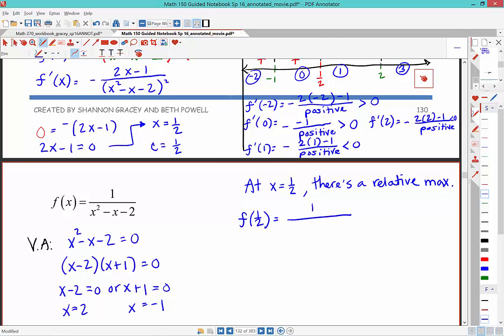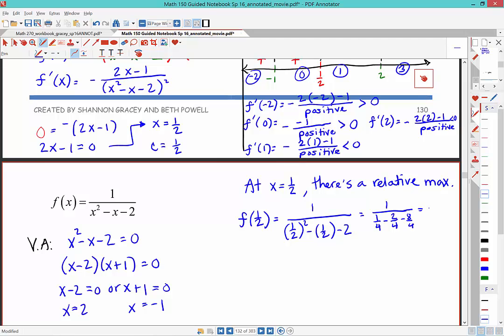So that'll be 1 over 1/2 squared minus 1/2 minus 2, which is 1 over a quarter minus a half, which is negative 2 quarters, and then 2 is the same as 8 quarters. So that would end up giving us what? 1 minus 2 is negative 1. Minus 8 is negative 9.